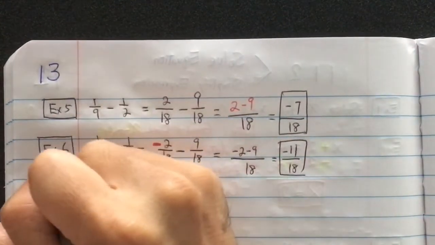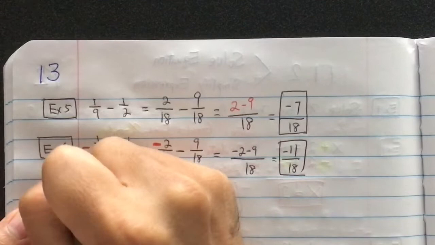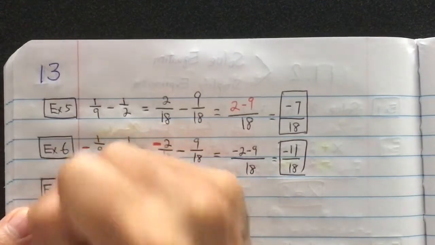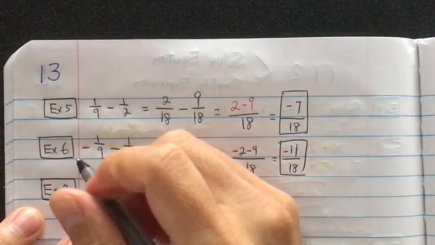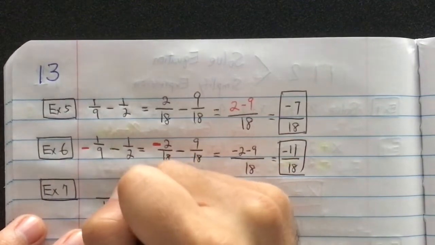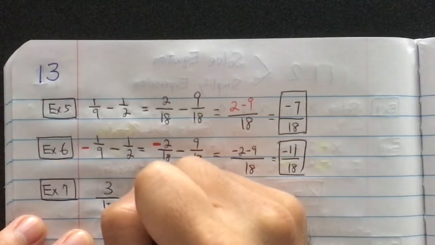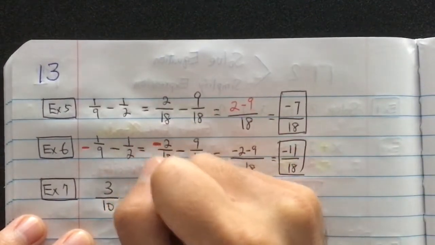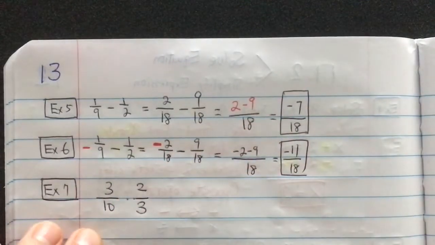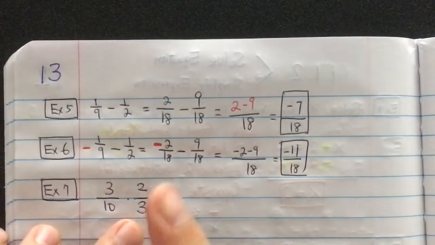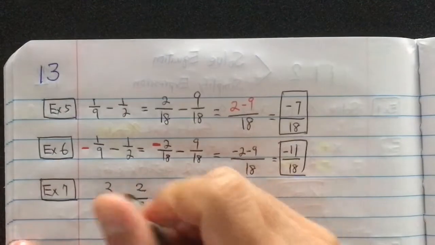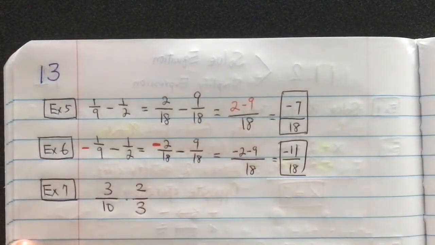Okay, now let's do example 7. Multiplication. 3 over 10 times 2 over 3. Okay, you take your time. If you need, you can pause it. Okay, how to do this one?